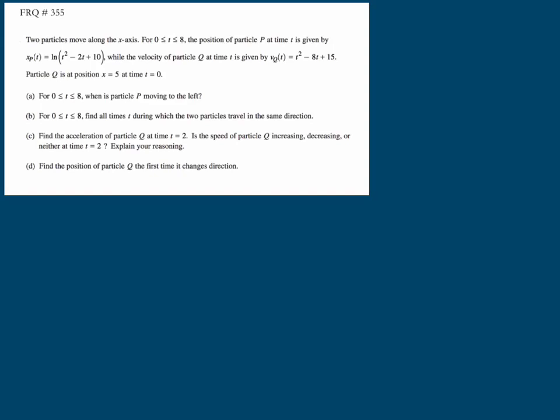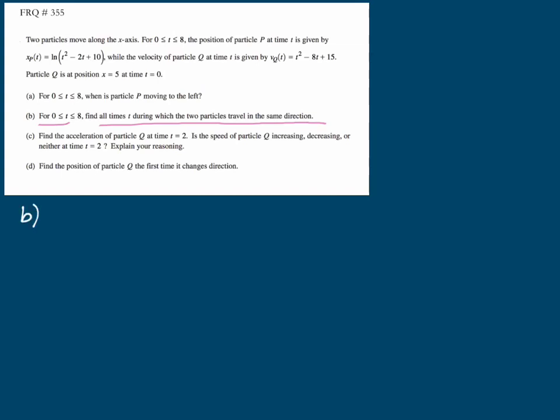Part B says, between 0 and 8, find all the times where the two particles travel in the same direction. So I just have to get the second particle and find out when that is positive and negative, and then do maybe a double sign chart. Let's start with B here.